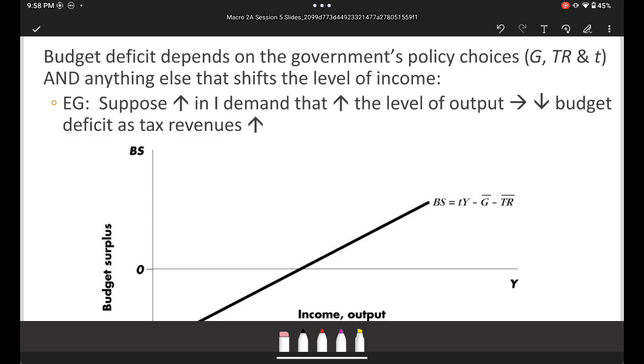The higher the tax rate, the more the government gets money, so it can control its deficit if it wants a big deficit, small deficit, or whatever, right? And anything else shifts the level of income. So you must understand these things the government can control, how much of transfers it gives out. If it doesn't want a budget deficit, it doesn't have to give out transfers. You get what I'm trying to say?